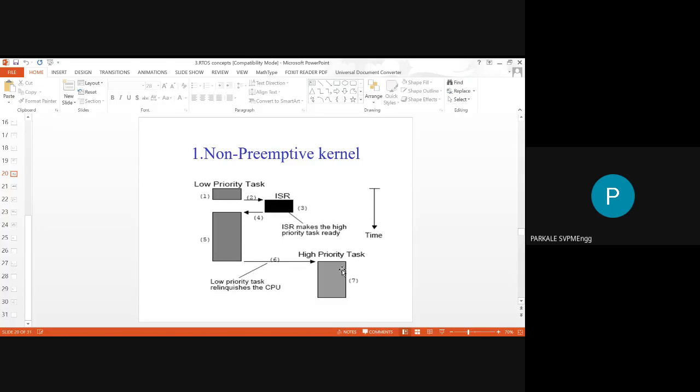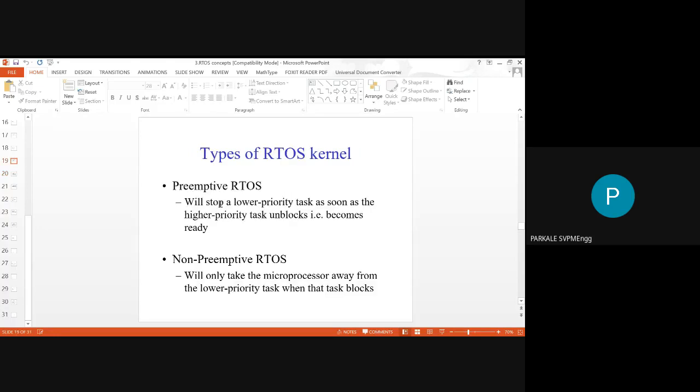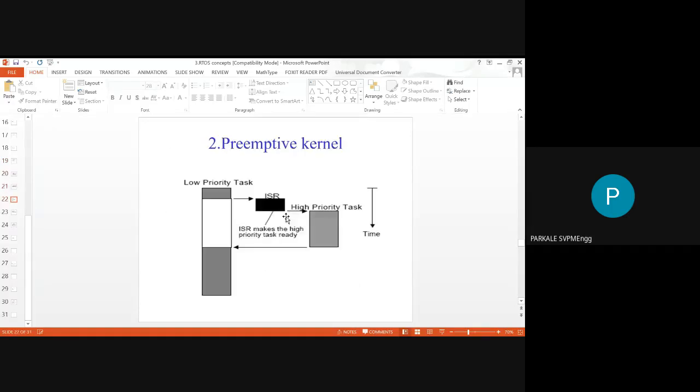But if you use the preemptive type of RTOS, the low priority task is started by the RTOS initially. Whenever the high priority task gives an interrupt to the microprocessor, the microprocessor will preempt the low priority task and shift the control to the high priority task.